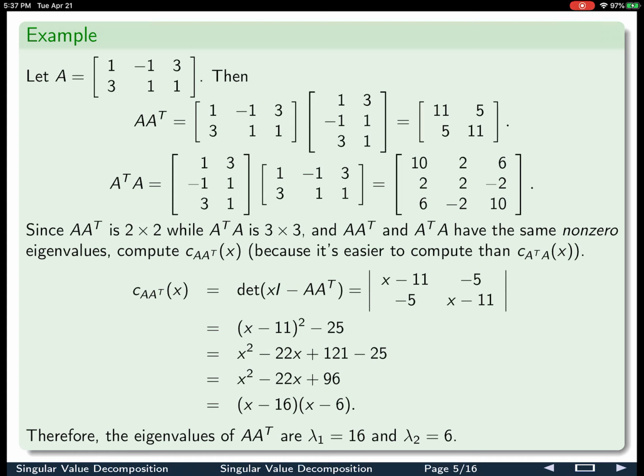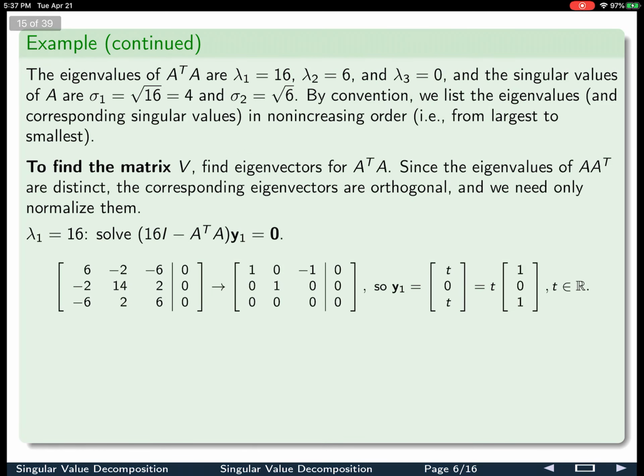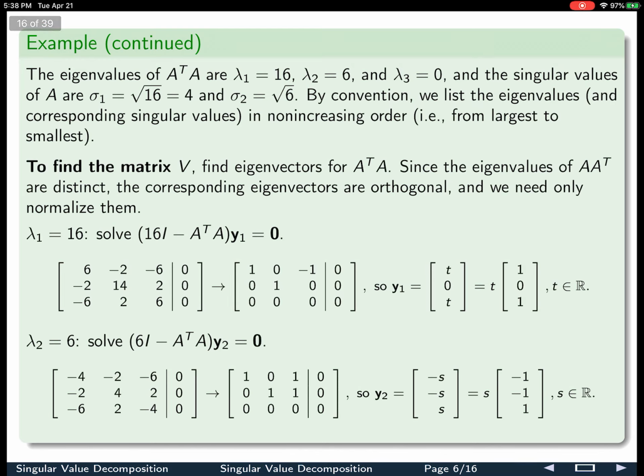But the next stage after finding eigenvalues would be finding eigenvectors. Here we find the matrix V, which would be the eigenvectors of A transpose A. Again, you just solve the system: you find the null space of A minus lambda I, where we've got A transpose A here.